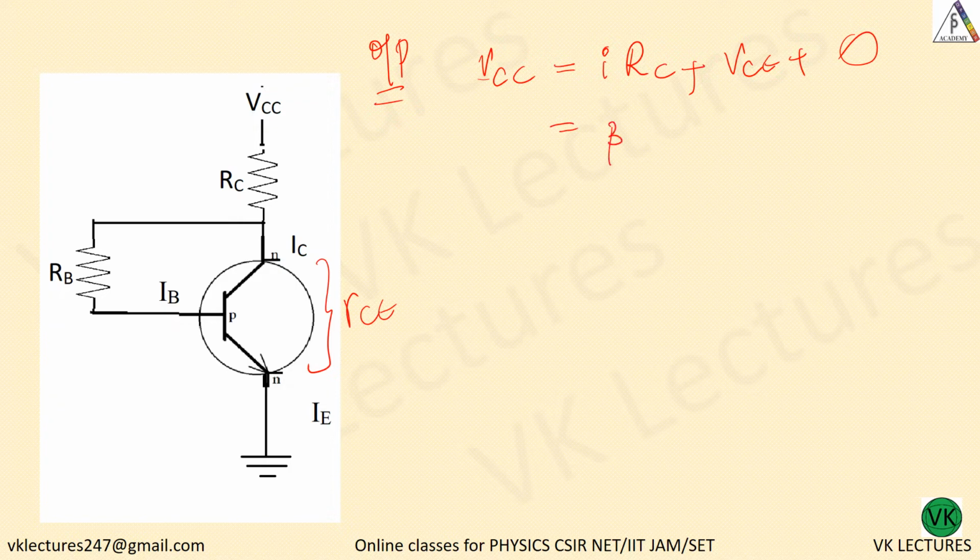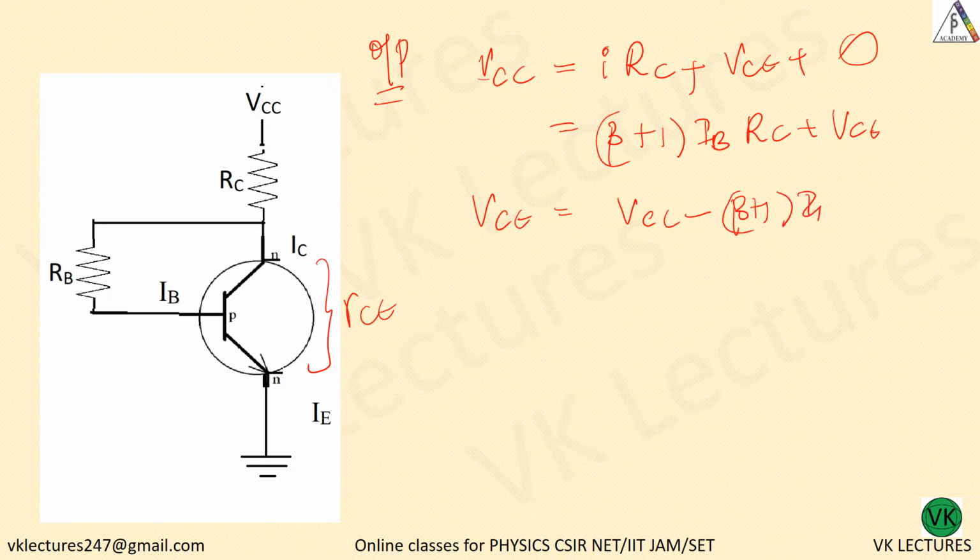So VCC equals beta plus 1 into IB into RC plus VCE. So what is VCE equal to? VCE equals VCC minus beta plus 1 into IB RC. There is no simplification further.